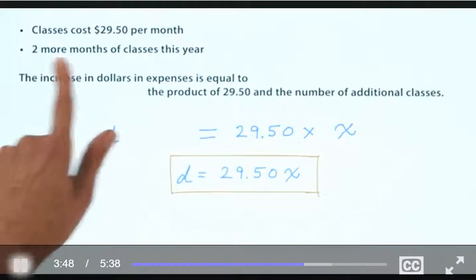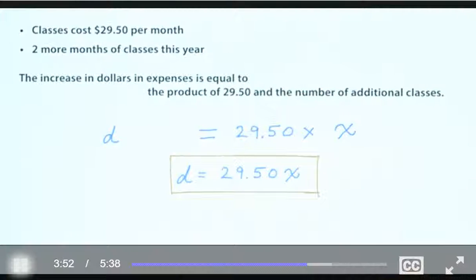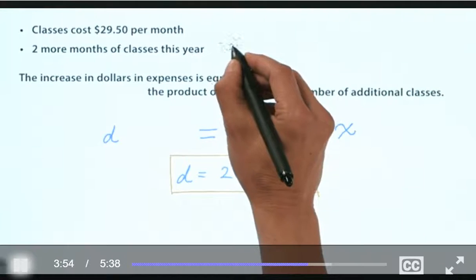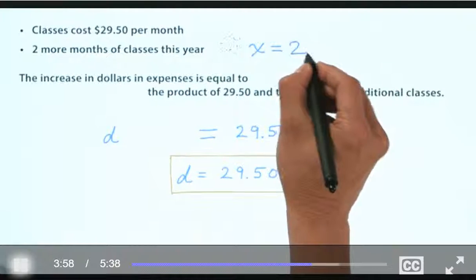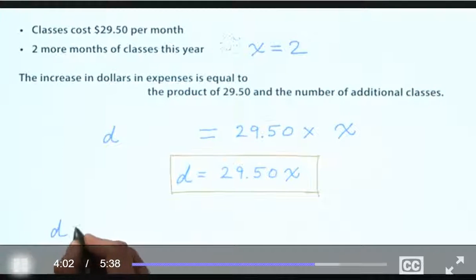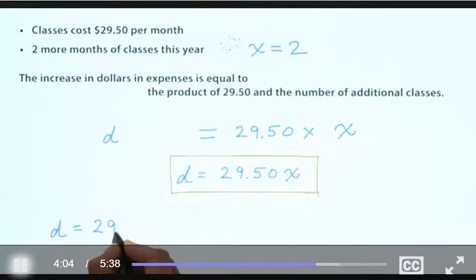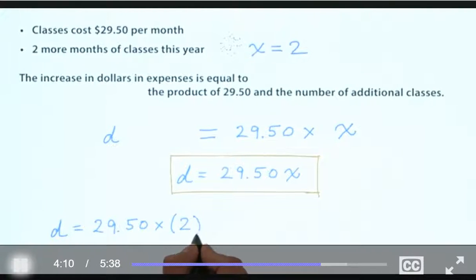Now, in our case, we have 2 more months of class. That means that in this case, X is going to equal 2. So we have to plug in 2 here. And so in our case, we'd see that D equals 29.5 times the number 2, because I'm going to let X equal 2.